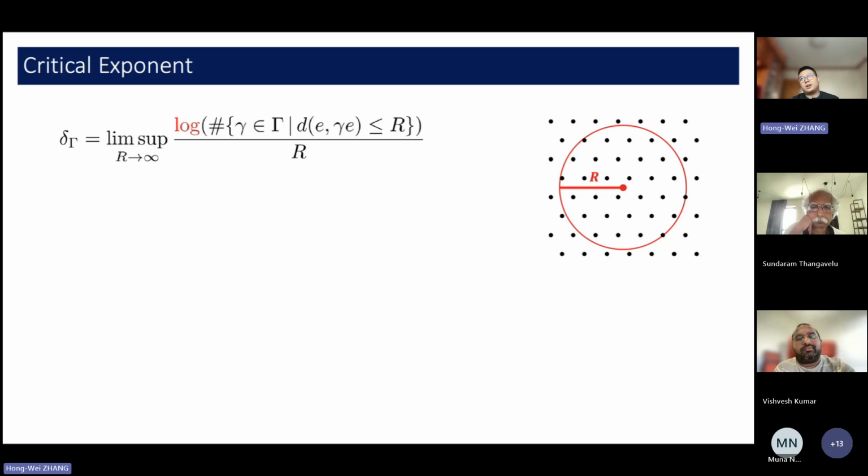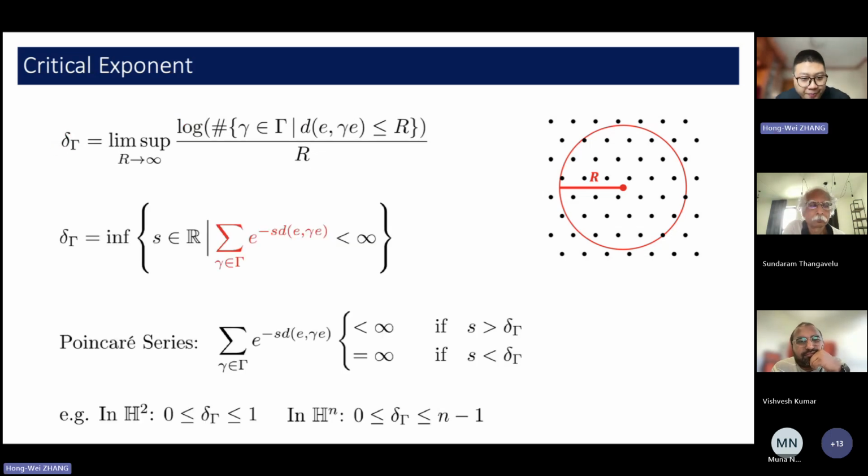But on a symmetric space or on hyperbolic space, it grows exponentially fast at infinity. So when we count the discrete points, it's exponentially fast, so we add a log here, and we want to know what is delta gamma.